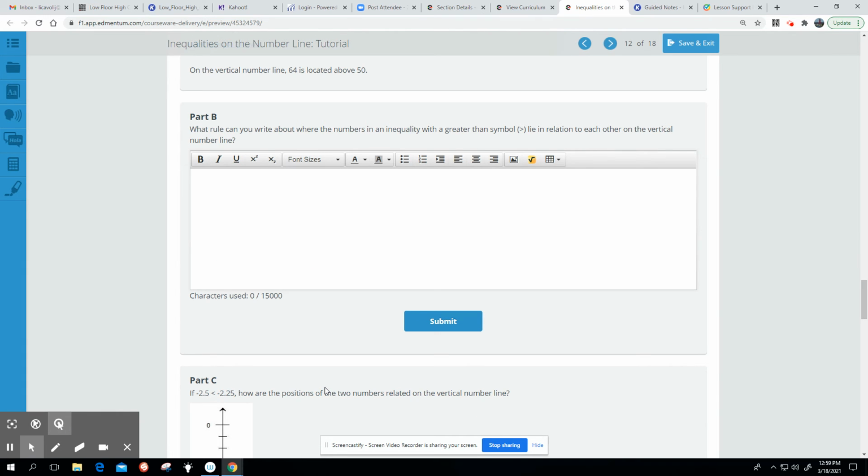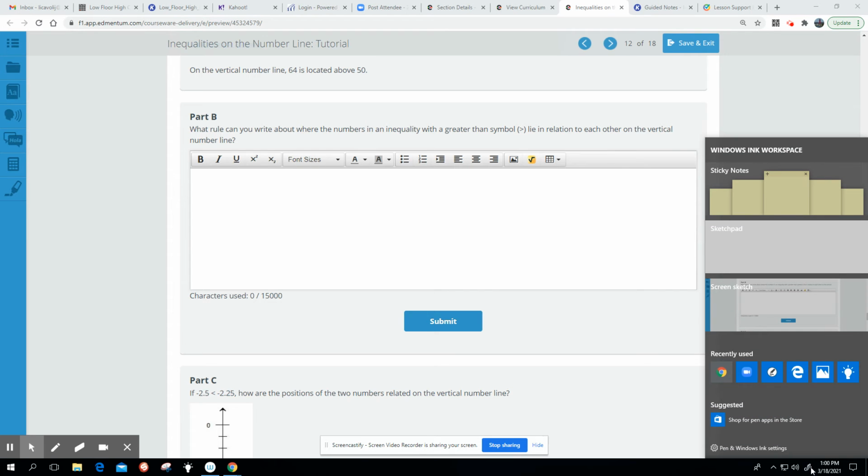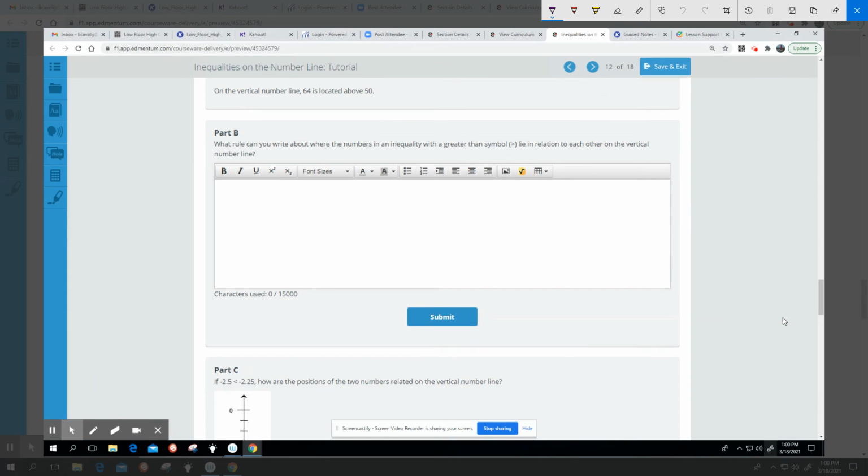What rule can you write about where the numbers in an inequality with a greater than symbol lie in relation to each other on the vertical number line? So when we're looking at this greater than symbol, and we have a number that's greater than another on the vertical number line, that number would be above the number on the right.